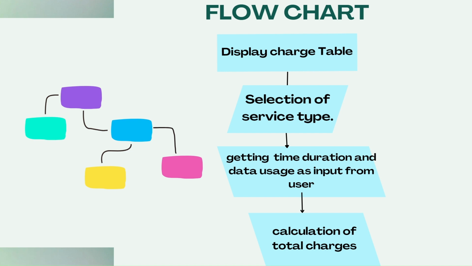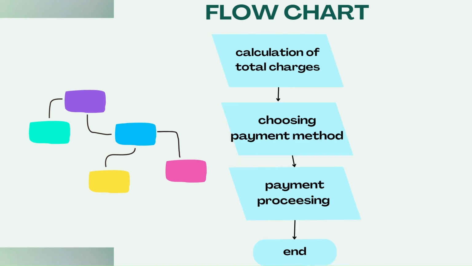Then the code will calculate the total charges, and after the calculation of the total charge, the user will choose the payment method, which are EMI, UPI, credit card and debit card. After that, the payment would be processed, and then the code would terminate by recharging the customer.